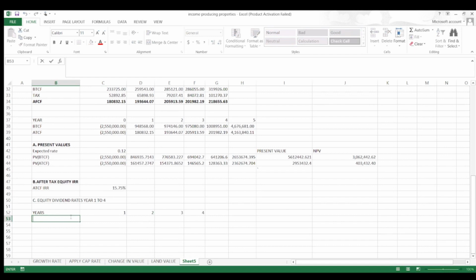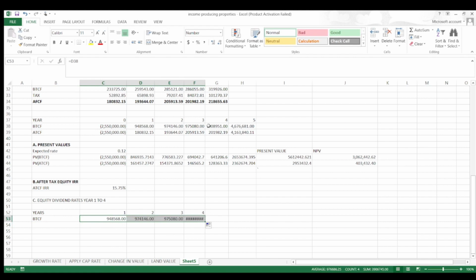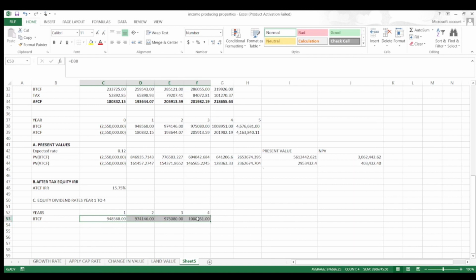Then you need to note the before tax cash flow, and simply note that I've picked these cash flows here. Then the initial equity investment.